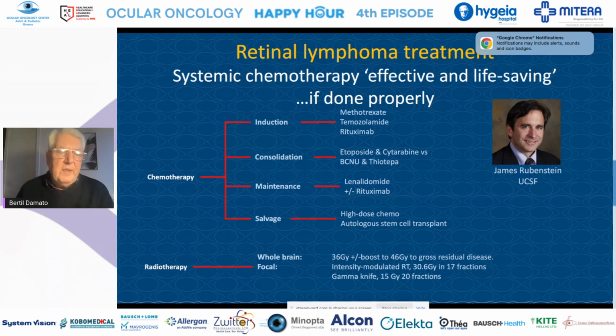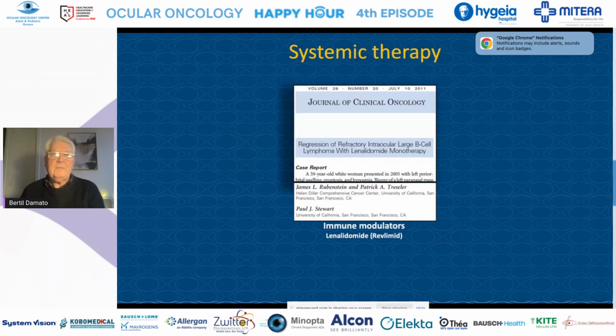Dr. Rubenstein was not in favor of whole brain radiotherapy because it accelerated dementia. Most of these patients were quite elderly, and I've seen one or two patients develop dementia after whole brain radiotherapy. He preferred, if possible, to give focal radiotherapy just to the areas where the lesions were.